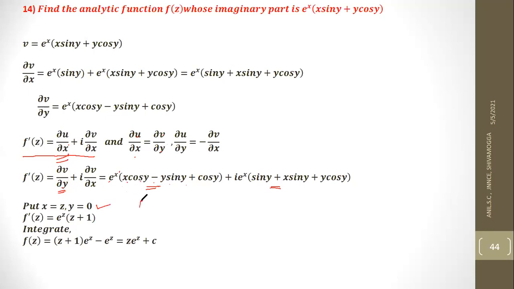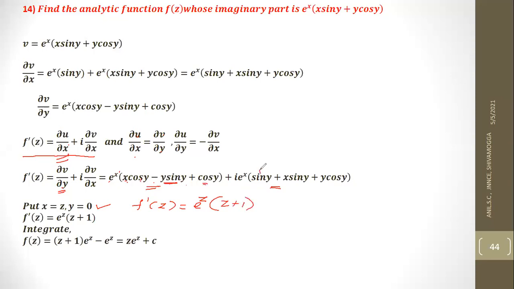F dash z is equal to, put x is equal to z, y is equal to 0. What we get here is e power z into z into cos 0. Cos 0 is 1, 1 into z is z. And y is 0, 0 into anything is 0, plus cos 0 is 1.